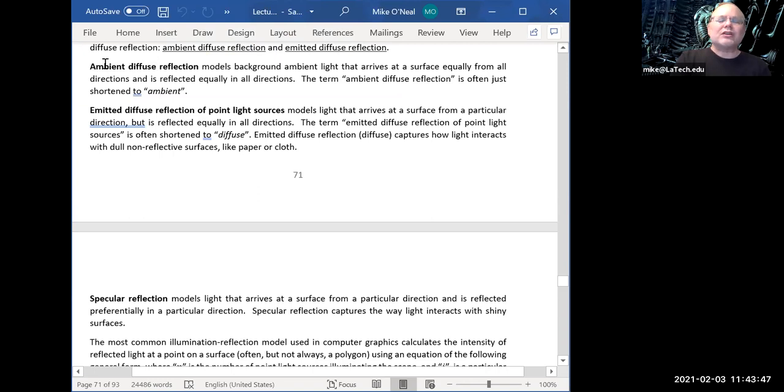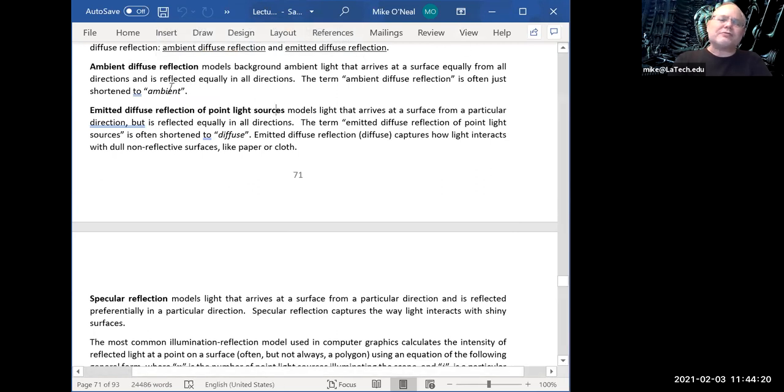There's no such thing as ambient non-diffuse reflection. That doesn't exist. That's why most people just shorten this and say ambient reflection. Because if the light is coming in from all angles, clearly it's going to be bouncing off in all angles. So again, this is often just called ambient reflection. But I wanted to throw the word diffuse in there because diffuse means that the light rays go out in all directions.